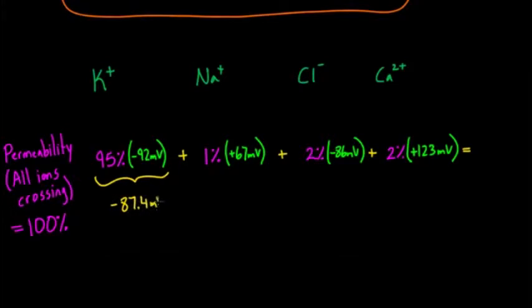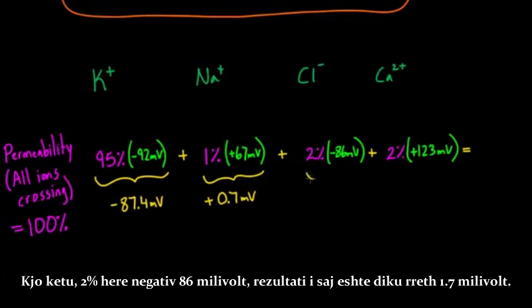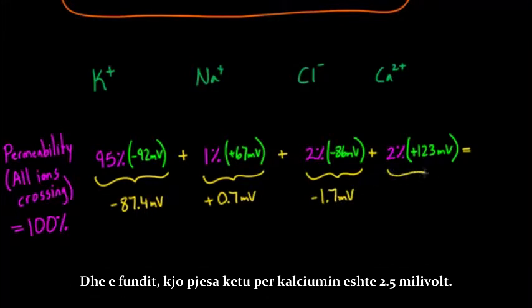87.4 millivolts. And this bit right here, 1% of 67, well, that's easy. That's 0.7 millivolts. That's just 1%. And then this bit, 2% times negative 86 millivolts, that works out to about negative 1.7 millivolts. And finally, this part right here for the calcium ends up being positive 2.5 millivolts.